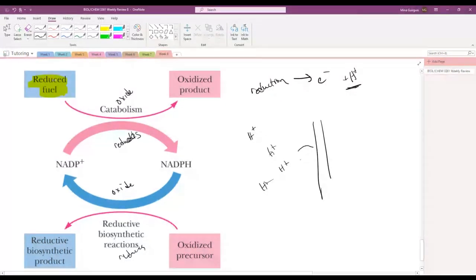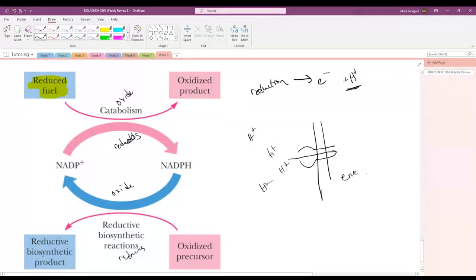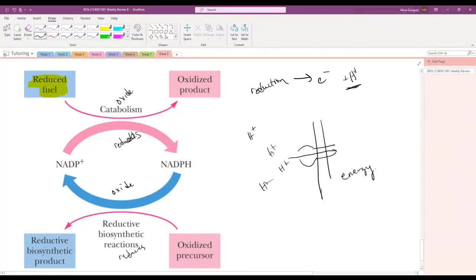Some cell surface membranes can help transfer this H plus down its gradient, and in going down its gradient, they're producing energy. Okay, it's exactly like a waterfall. When you use that water to power something, like Niagara Falls or Hoover Dam, this is the exact same principle, except with protons instead of water.